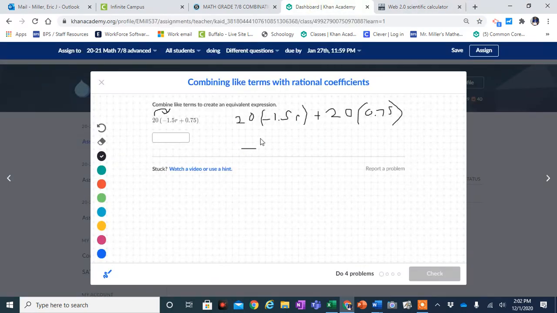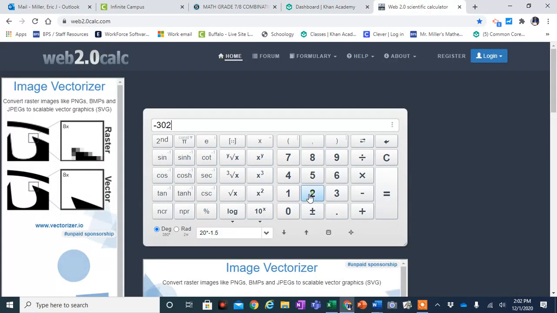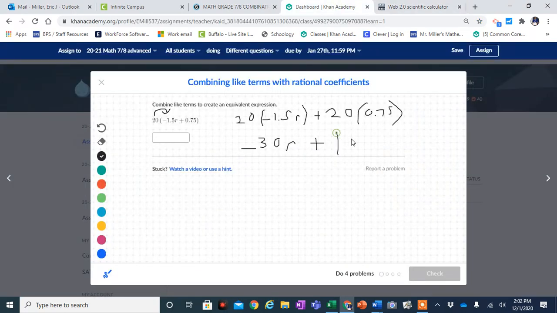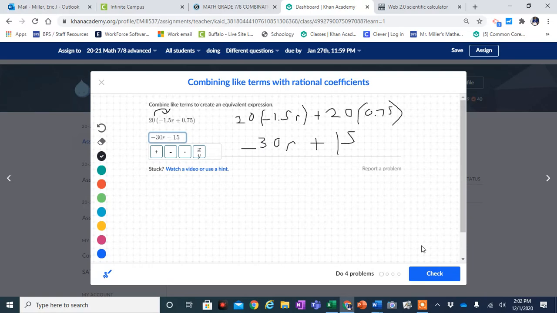So this is going to be negative 30R plus 20 times 0.75, which is 15. So the answer is negative 30R plus 15.